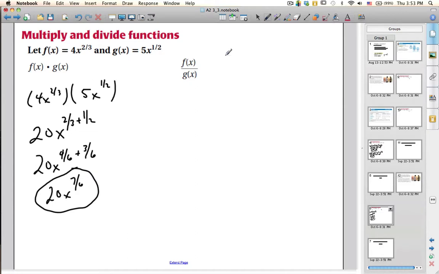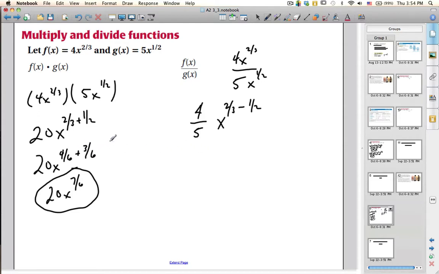Okay, if I'm going to divide, I'd have 4x to the 2/3 power in the numerator. That's f of x. G of x is in the denominator. 4 divided by 5, that either could be made a decimal of 0.8 or a fraction of 4/5. That's what I'm going to do. And then I'll have x to the 2/3 minus 1/2 power, because when I am dividing items with the same base, I subtract the exponents.